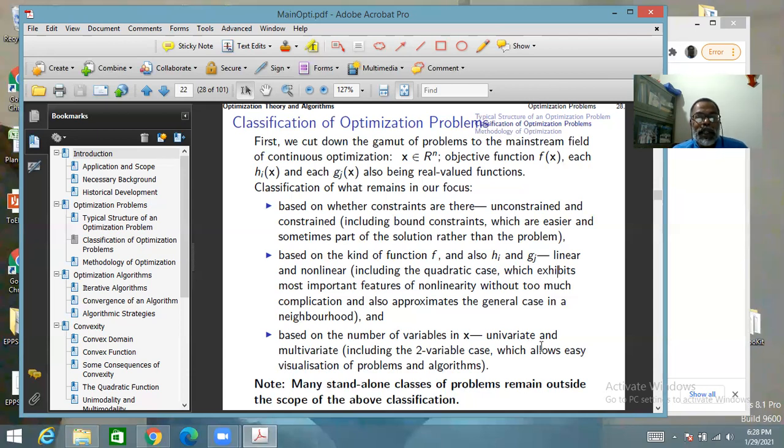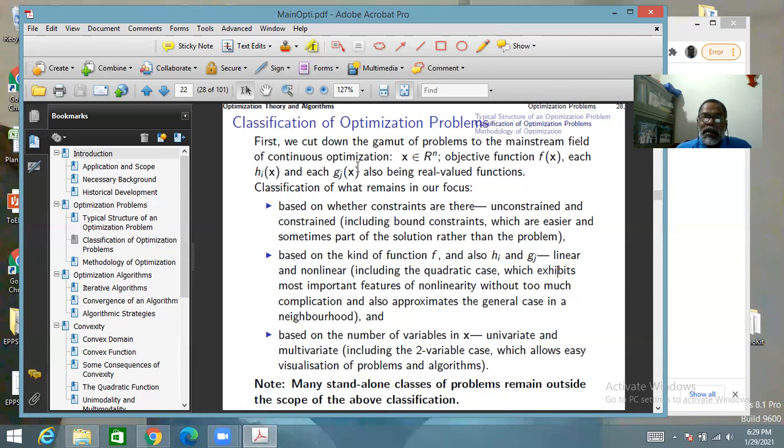So two variable problems allow easy visualization of problems and algorithms also. In the plot of a two variable problem, you can see how an algorithm proceeds from here to there, and so on. So from that, you get a sense of how this particular algorithm operates and compare it with other algorithms.